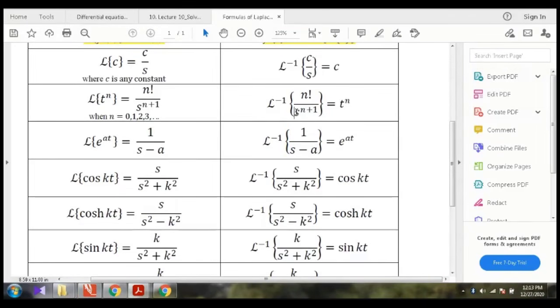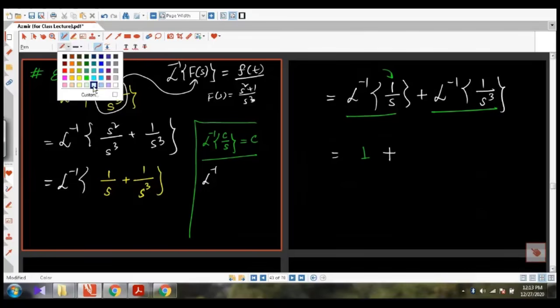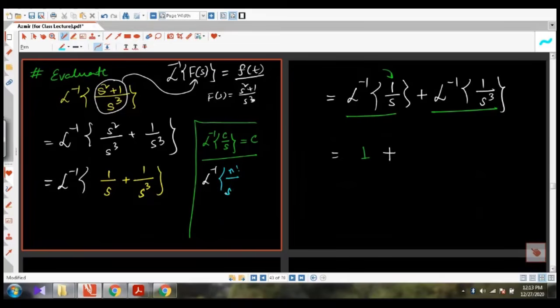So it is likely to go with this formula, right? Yes, sir. So let's write down this one. Inverse Laplace of n factorial by s power n plus 1 is actually t power n.